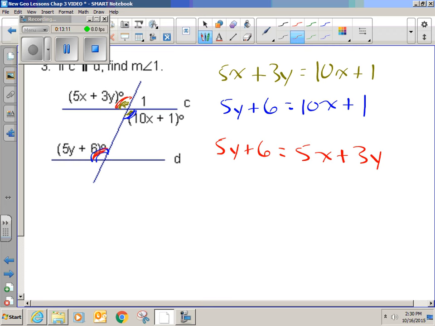Do we see that we almost have some transitivity going on? In other words, if A is equal to B and B is equal to C, then A is equal to C. But I just need to choose 2 of these equations to come up with a system. And let's do that.